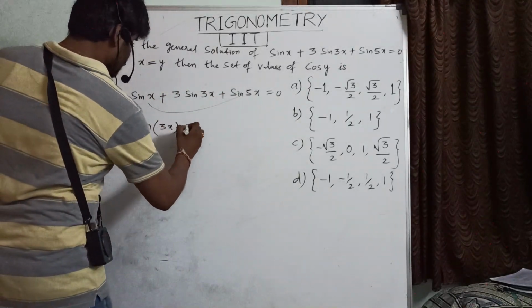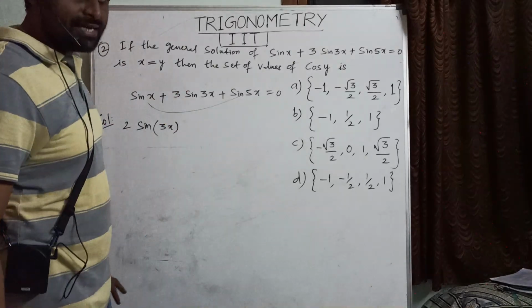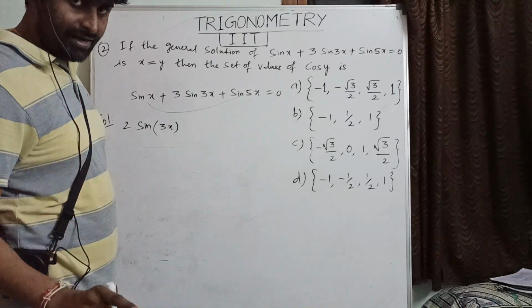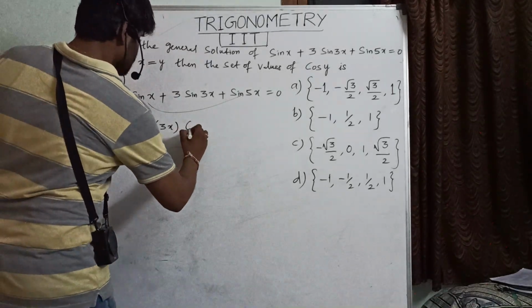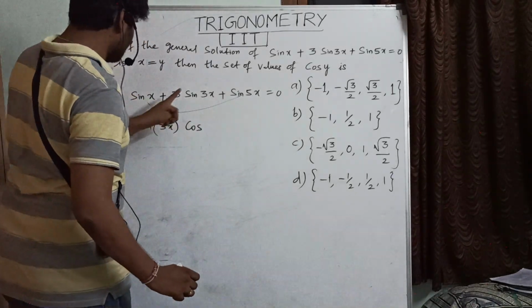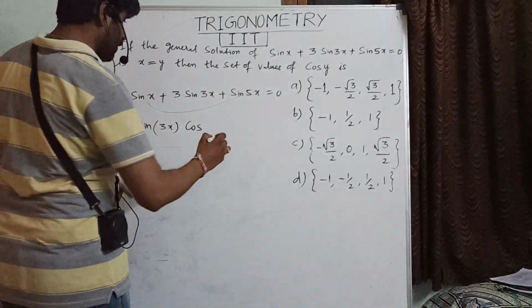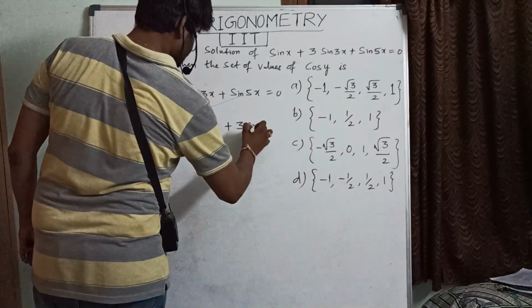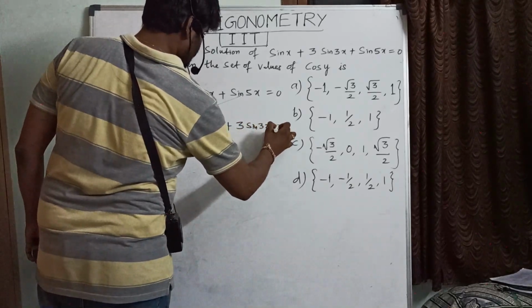And what is the sin c plus sin d formula? 2 sin (c plus d) by 2 cos (c minus d) by 2. So cos of 5x minus x, 4x by 2, 2x. So plus 3 sin 3x equal to 0.